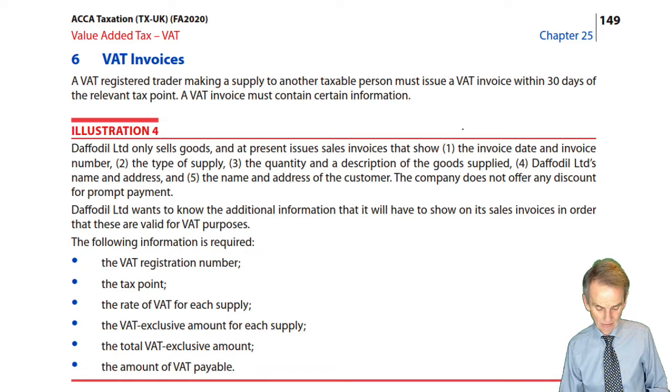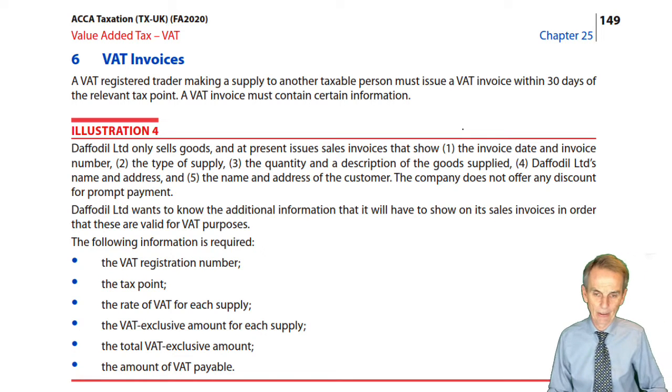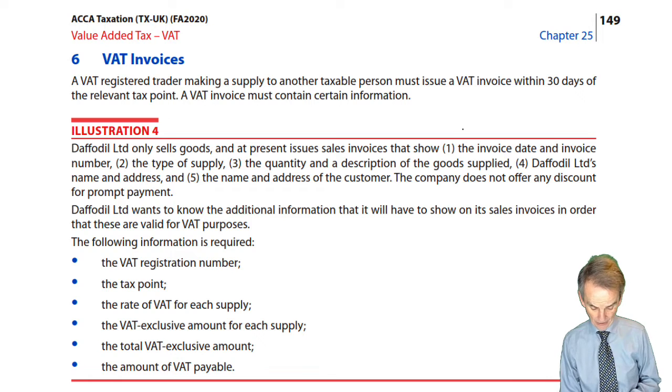Again, that sort of thing, have a quick read of it now, but once you've done everything else in your final revision, maybe over those last few days, you just have a little reminder there. But again, it's mostly common sense. If actually you work within the UK and you're in an accounting role, then you know, therefore, what appears on a VAT invoice, and it will be very easy for you.